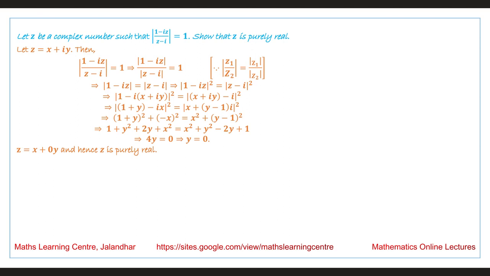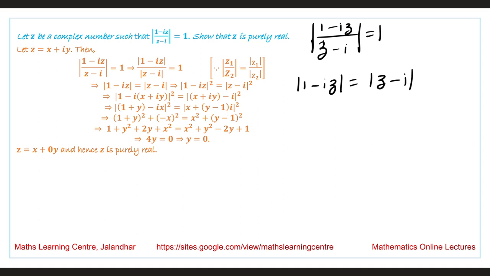Next is, let z be a complex number such that mod of 1 minus iota z over z minus iota is equal to 1. We have to prove that z is purely real. So we can separate the mod function into numerator and denominator. So we get mod of 1 minus iota z is equal to mod of z minus iota.